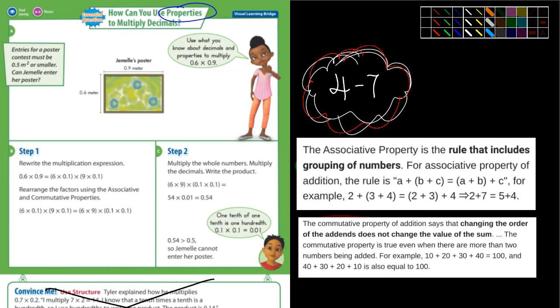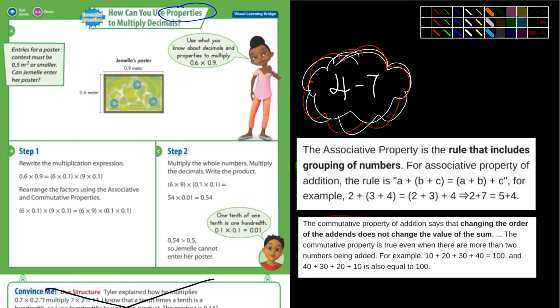Just so you remember that's what they're talking about. And then again somewhere, in here or all the way across in here somewhere, write commutative property, and then write changing the order. So those are two things you need to remember.